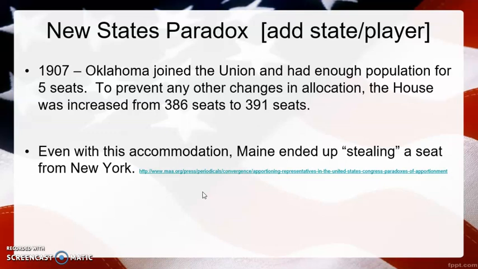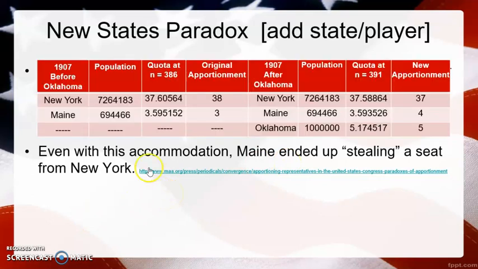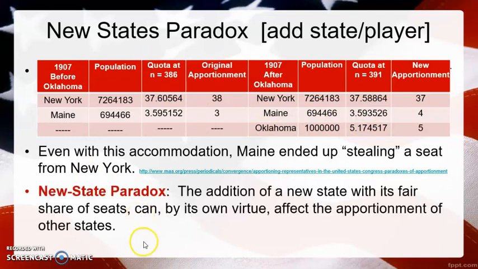The attempt there was to prevent Oklahoma from taking away seats from any other state. Well, what happened was, even with this accommodation, it caused Maine to, quote unquote, steal a seat from New York. As you can imagine, if you were New York, the fact that Oklahoma joined the Union caused you to lose a seat probably wouldn't sit with you very well. So that became known as the new states paradox.